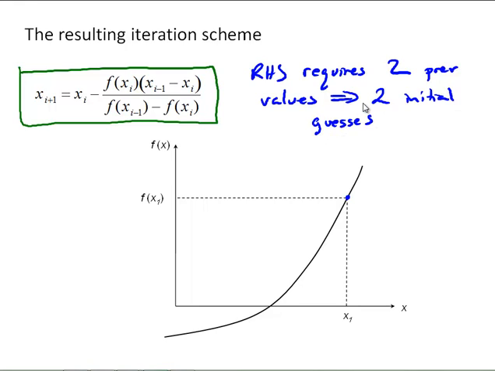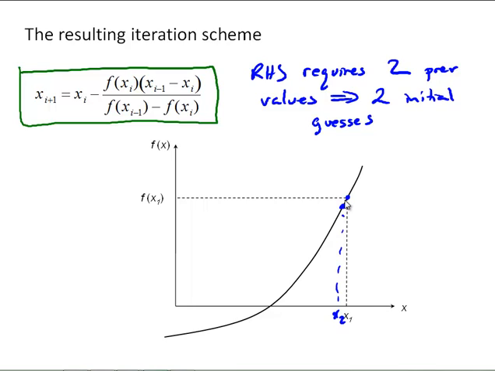Not really a big problem. What we can do is just take a second initial guess, let's call it x2, that's close to the first one. Remember, the closer they are together, the closer a finite difference approximation comes to the actual derivative definition.